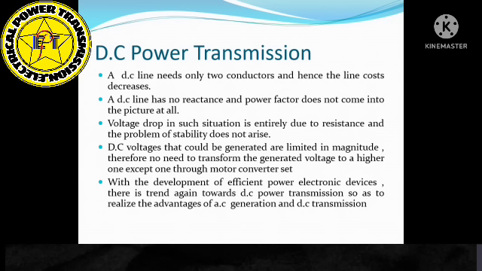If you are generating power through DC generator, then this is not technically possible to transmit that, because one thing that has the advantage of transformer. As we discussed in our previous subject of electrical machines, we are generating power at low voltages because of insulation and heating and cooling issues, and then we are boosting that voltage through the transformer to higher levels.